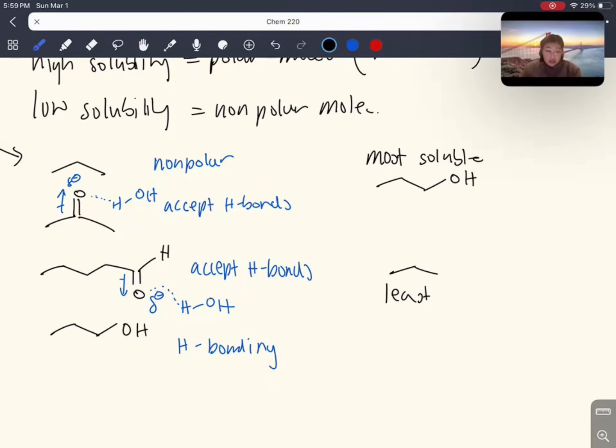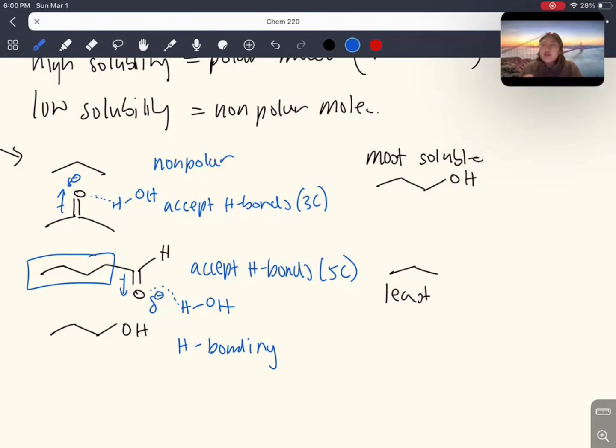And so now you have to decide between these two middle molecules over here. The way you decide that is through how many carbons you have. If you remember, if you have really long non-polar chains, you're going to be less soluble in water because it'll interrupt the like dissolves like that's happening with water.